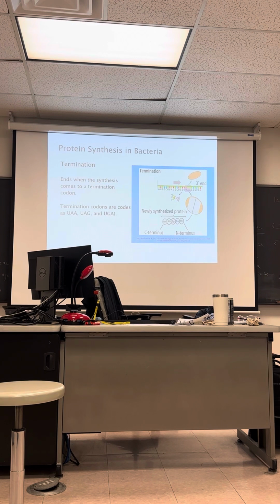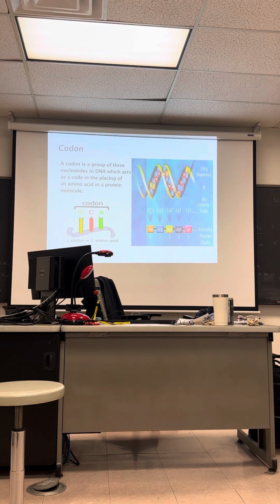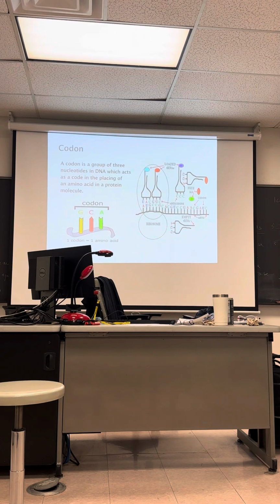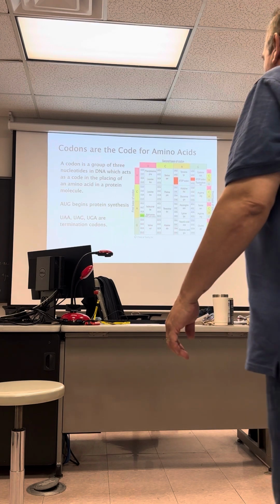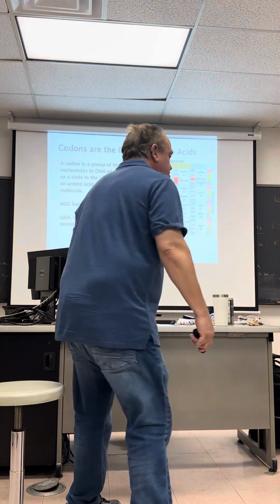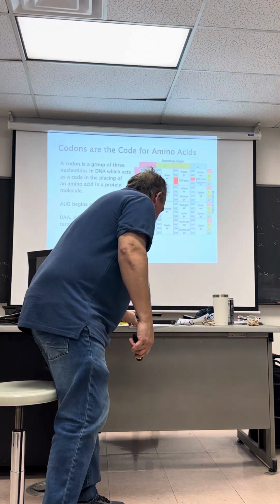Alright, so we know what a codon is, we know what an anticodon is, and we know where they're found. So how do we know which amino acids go in a sequence? Because we have a lot of research and therefore a lot of theory, and that theory has led to the development of a codon table.